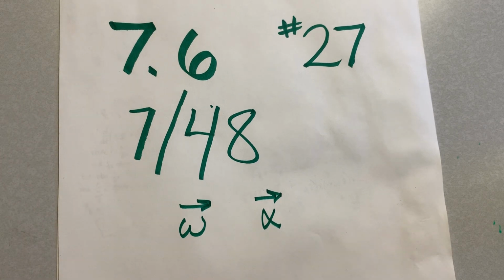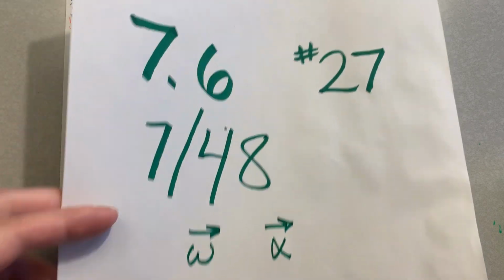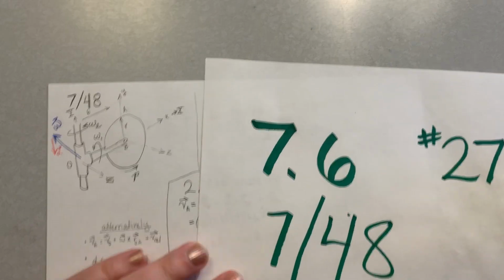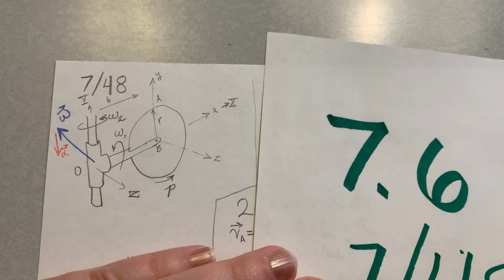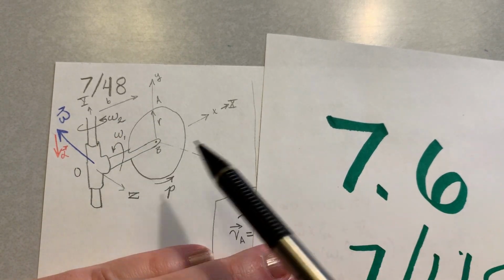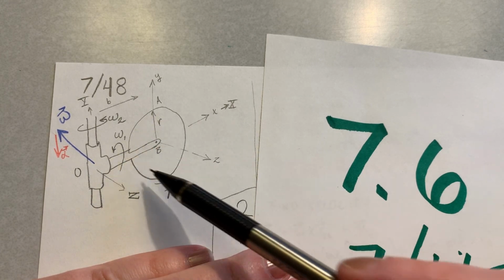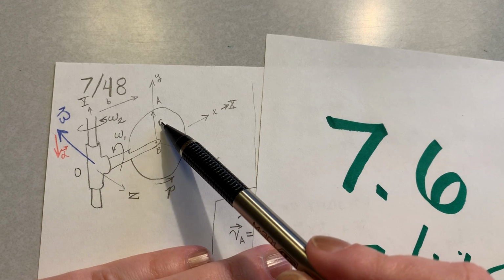All right, so let's look at this system here. I've redrawn it because I needed a little more space than there was on the lecture handout. So imagine you have some disk here, and it's spinning with some angular velocity p, and it has some radius r.